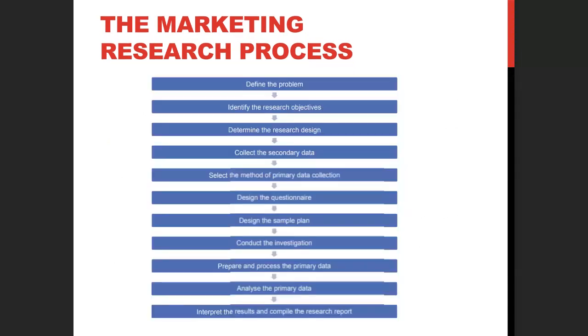So for purposes of this course, which is BC 321 and BC 324, you need to know this very basic 11-step process of the marketing research process. So this process is 11 steps, and we ought to know this particular 11-step process.